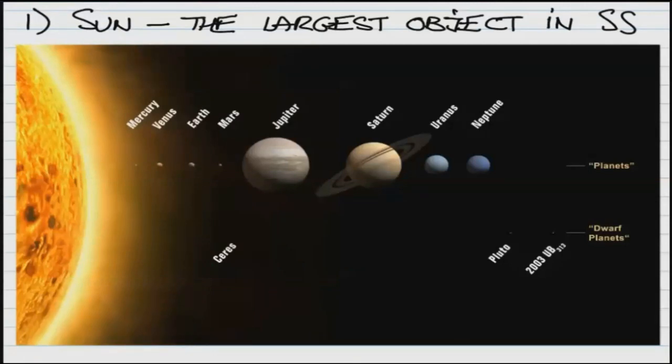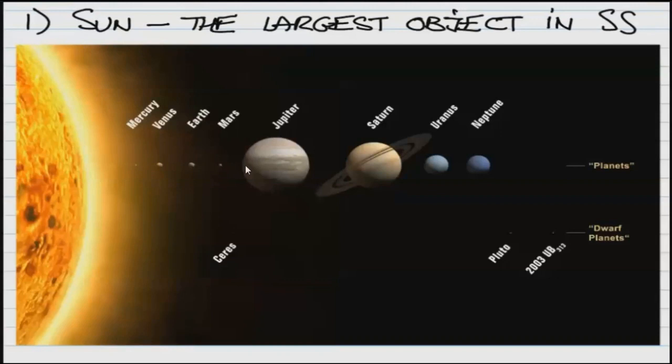So in terms of its mass, the sun dwarfs everything else that is there revolving around it. Here you can see 8 planets: Mercury, Venus, Earth, Mars, Jupiter, Saturn, Uranus, and Neptune.